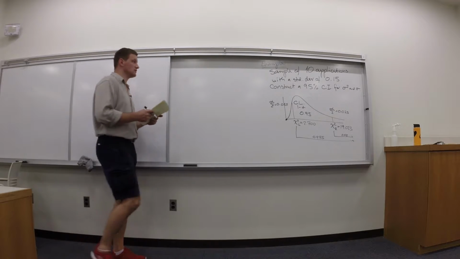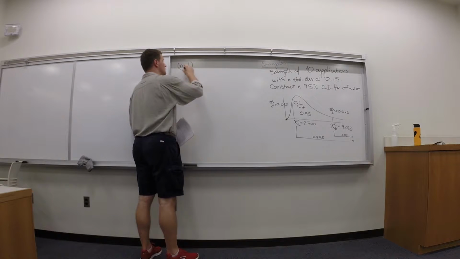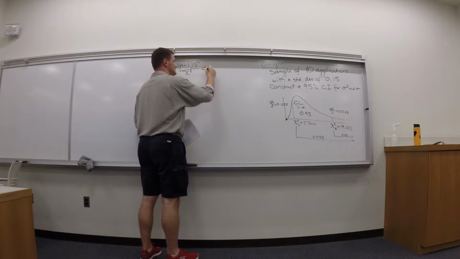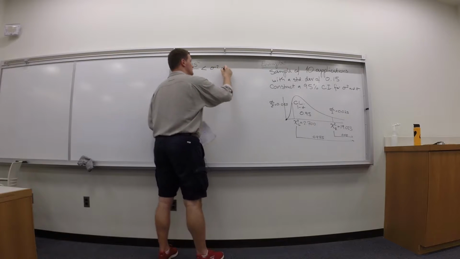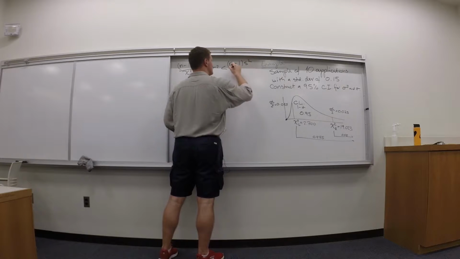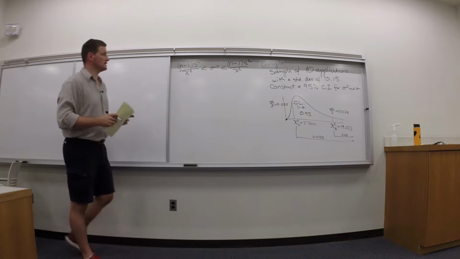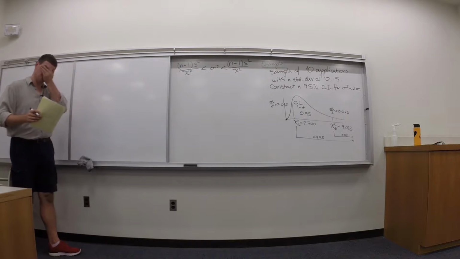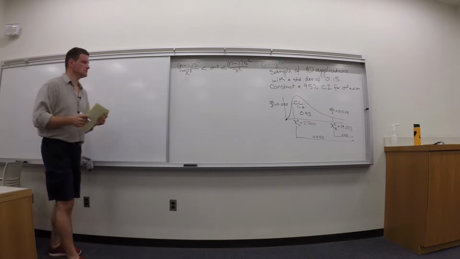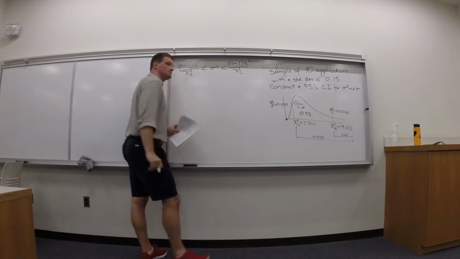So what's our confidence interval? It's n minus 1, s squared divided by chi squared less than sigma squared less than n minus 1, s squared divided by chi squared. And this is the right one, and this is the left one.